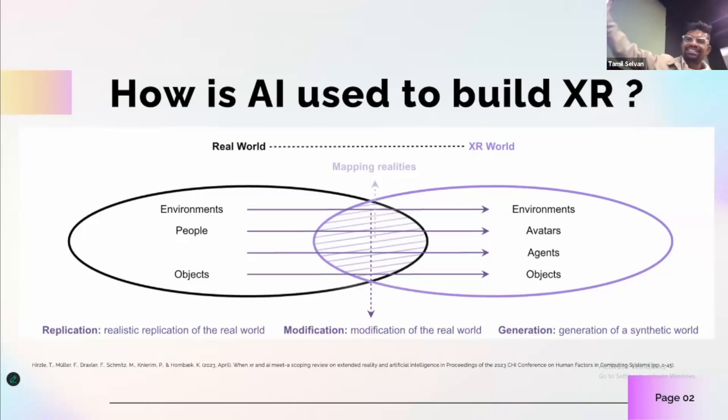Imagine a presentation: can I have a cup of water over here? And the LLM understands and automatically brings a cup of water into my hand, like a presentable boundary object for the discussion. So AI is also used to create something synthetic that enhances user experience.